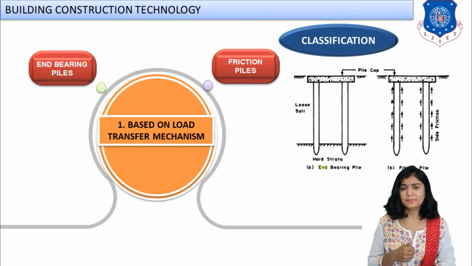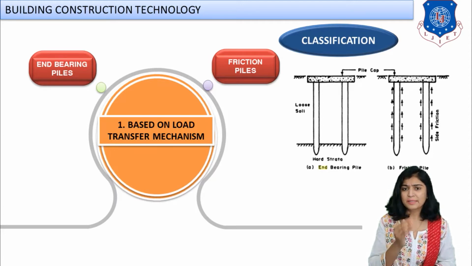So the first parameter says we have end bearing pile and friction pile. Now, what is the difference between these two? In the end bearing pile, the pile member is inserted into the ground up to the hard strata. Hard strata means the hard bedrock which is available at whatsoever depth.